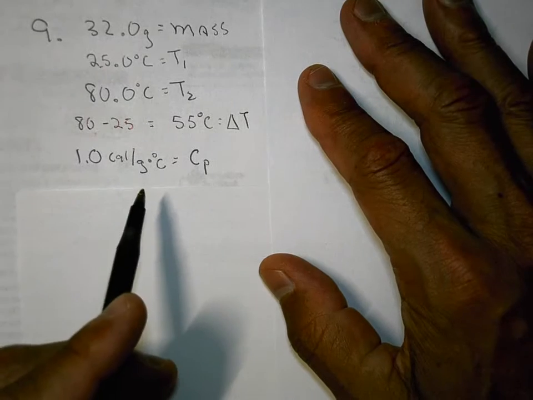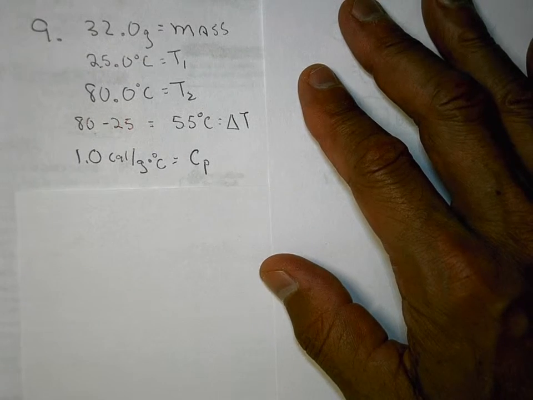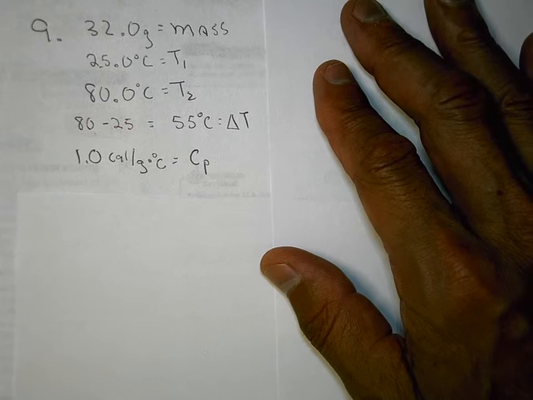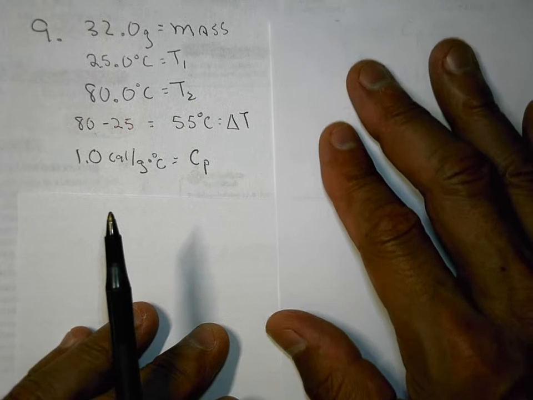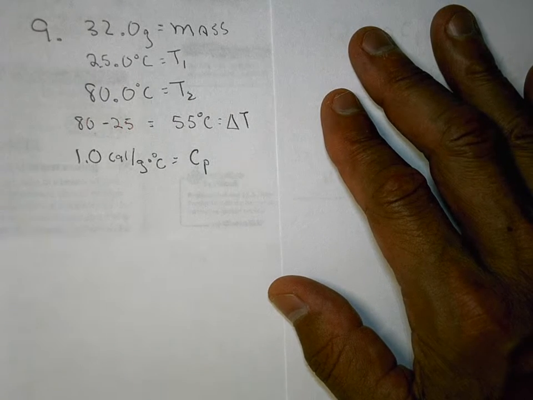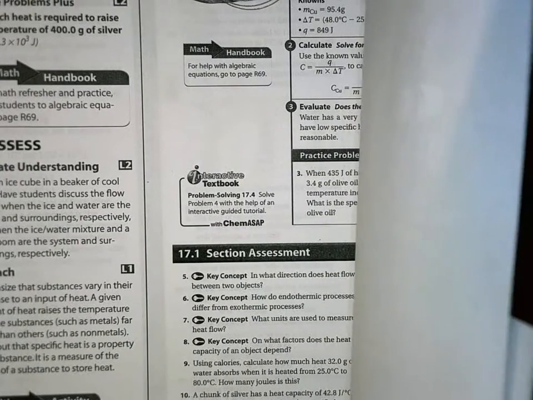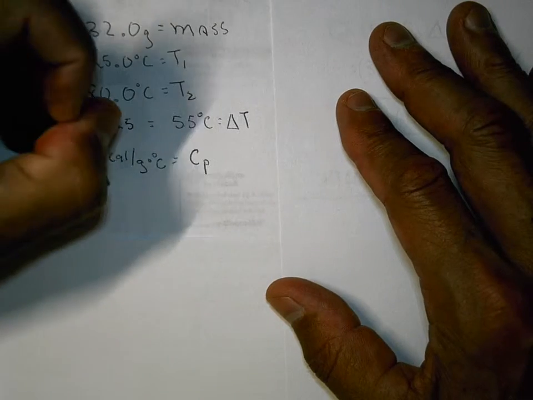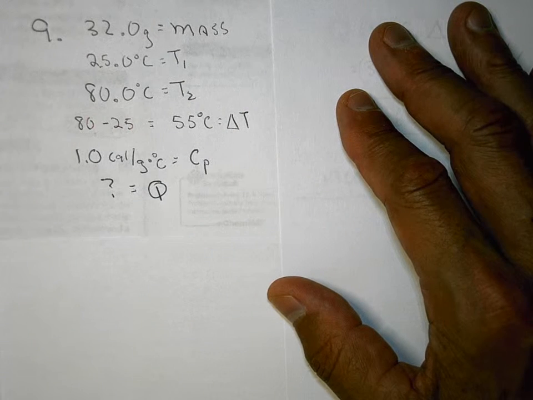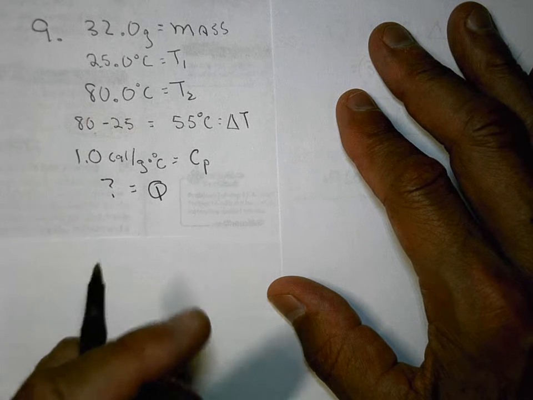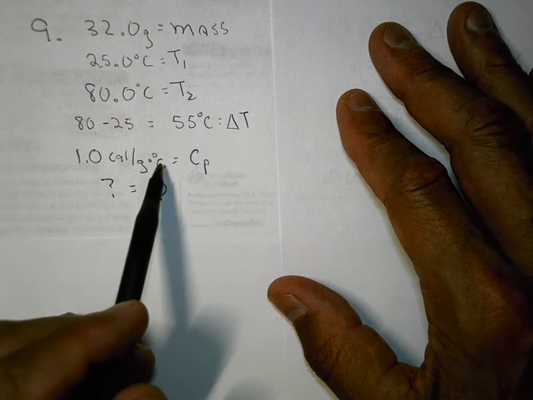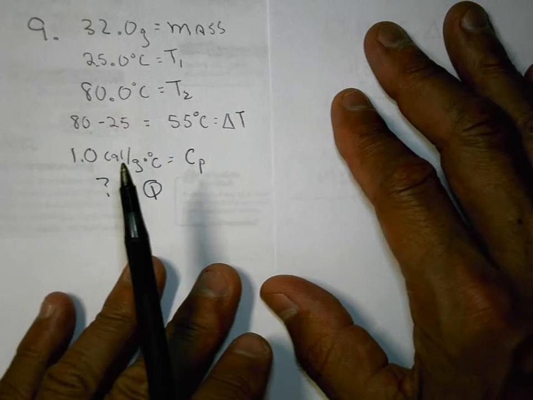So we're trying to find how much heat energy is absorbed. We put a question mark, and then Q. How much energy the water absorbs, given this temperature change, specific heat, and the mass of the water.